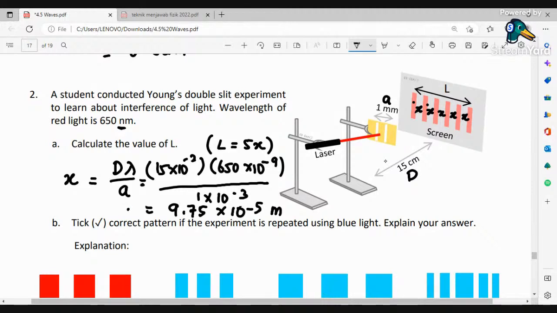This is the value of x. And then using the formula L, 5 times x, 9.75.